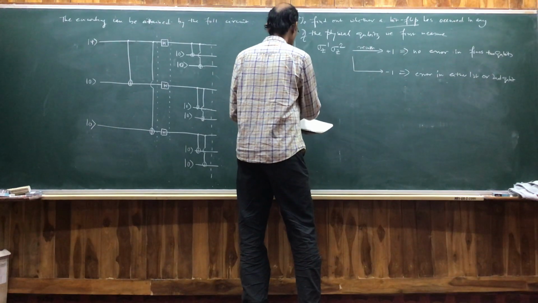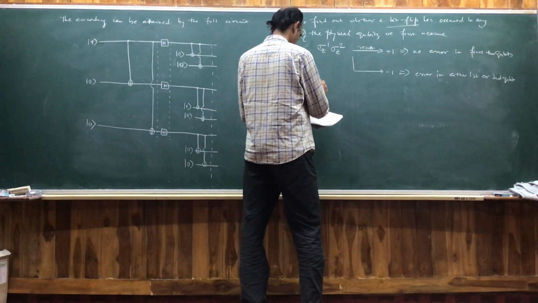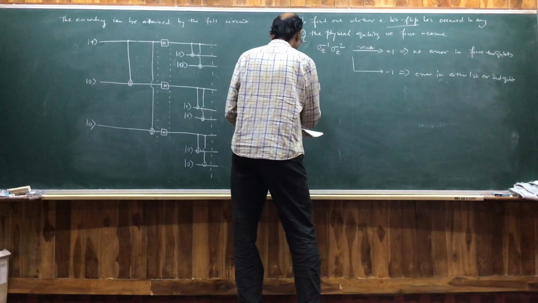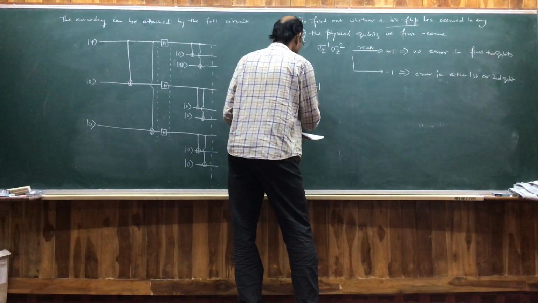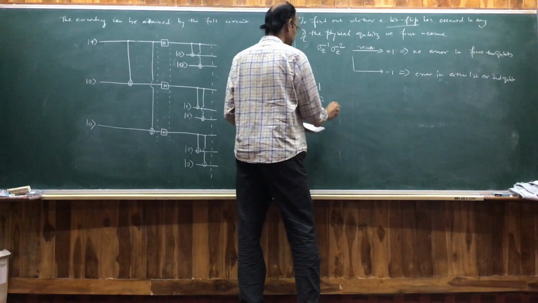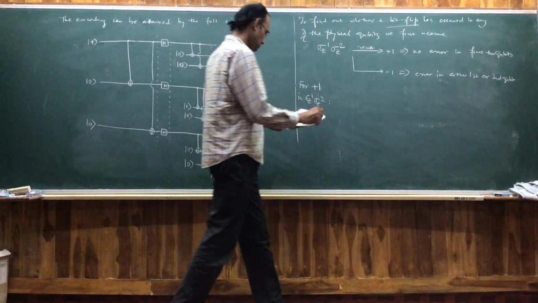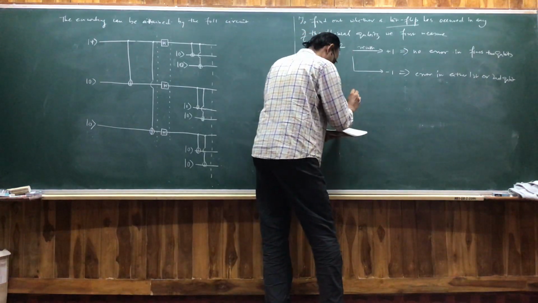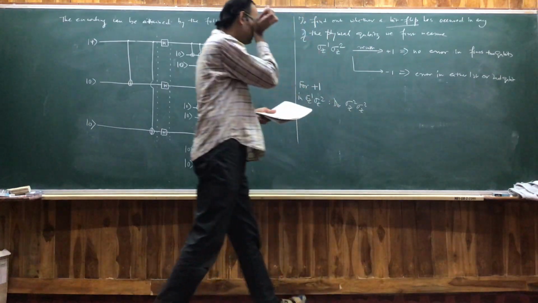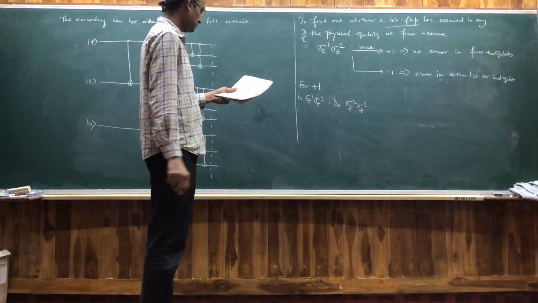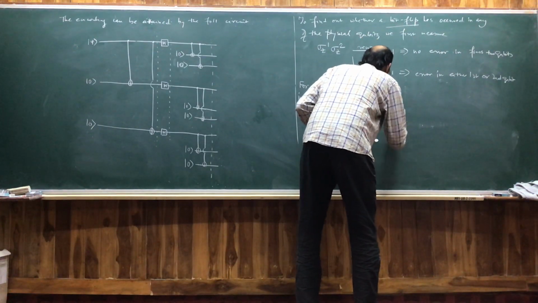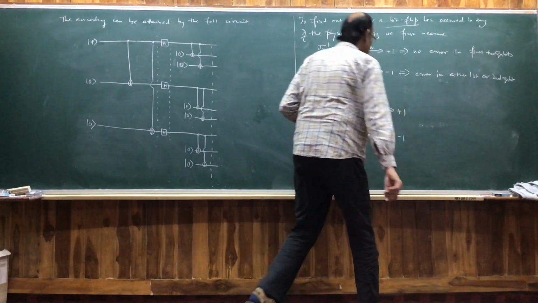For if you obtain +1 in this, you do a sigma z2, sigma z3 on 2 and 3, and again the result is either +1 or -1.